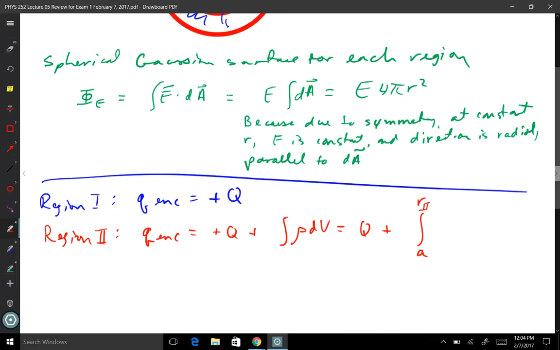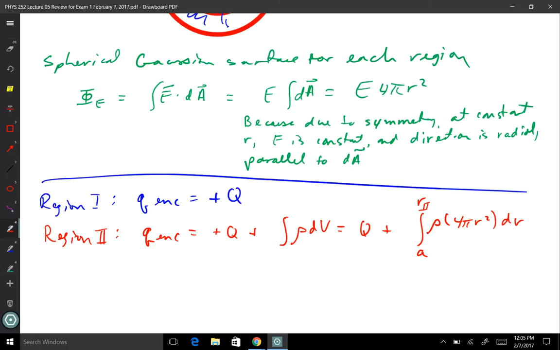And then the area for the sphere is 4 pi r squared dr. So I'm doing the integral of the charge times the area times dr. The surface area times dr is dV. If it's spherically symmetric, that's a perfectly valid thing to do.